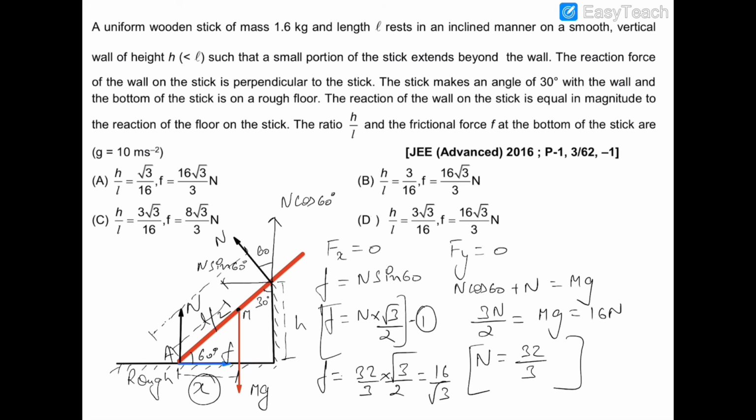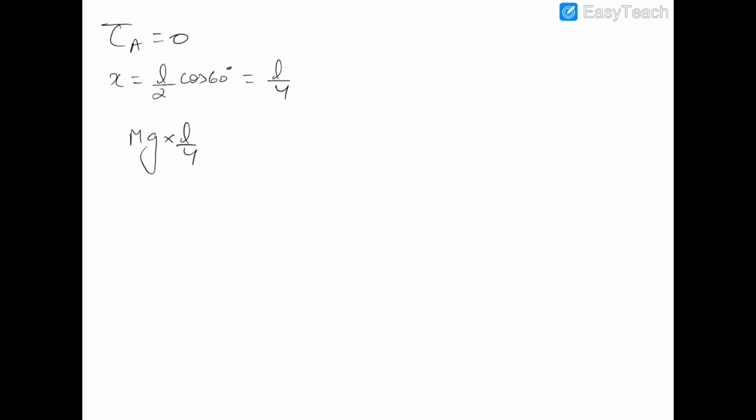Let's suppose this complete distance is y. So we can say that cos 30 is equal to h upon y, and therefore y is equal to 2h upon root 3.